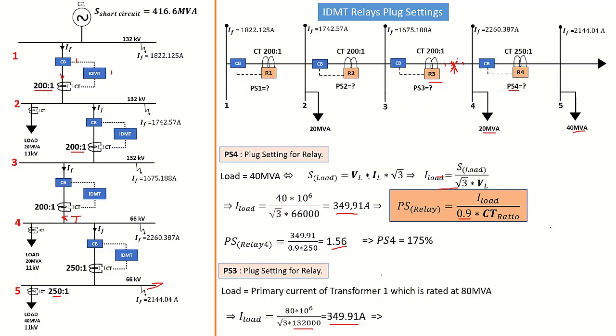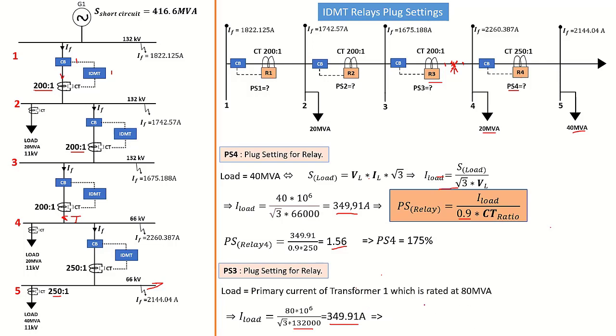That's the primary current going into the transformer. It doesn't matter how much short circuit current there is, the transformer can only let through what its primary rating allows. So that is our load current for relay 3.